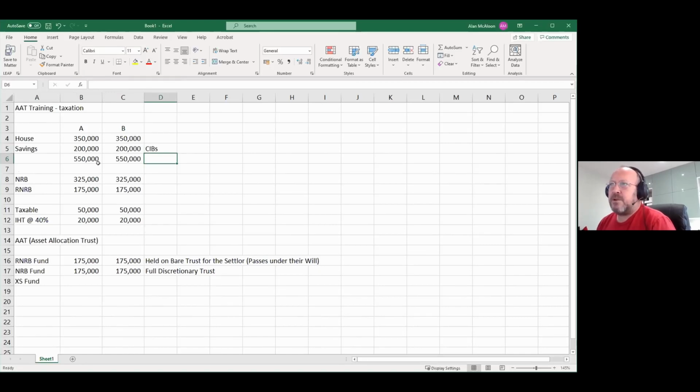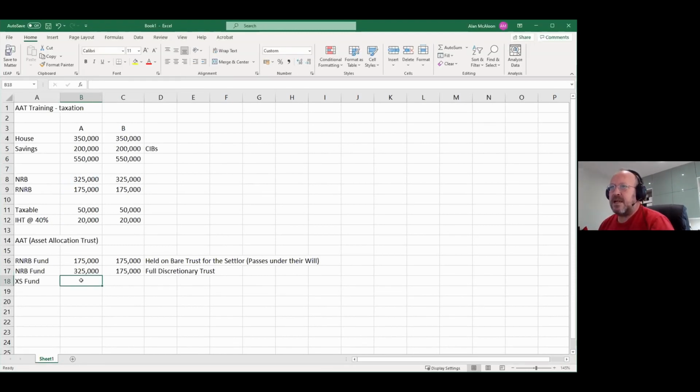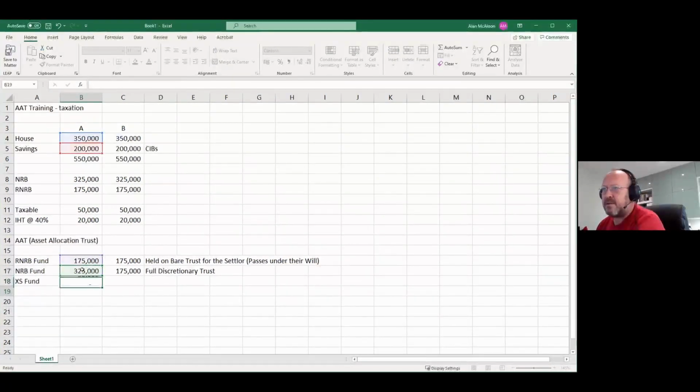So if they wanted to put those capital investment bonds in as well, it would take this nil rate band fund to more than the nil rate band. So that would actually be restricted to the nil rate band. And then the excess fund would hold the value of that plus the value of that less the nil rate band less the residence nil rate band less the nil rate band.